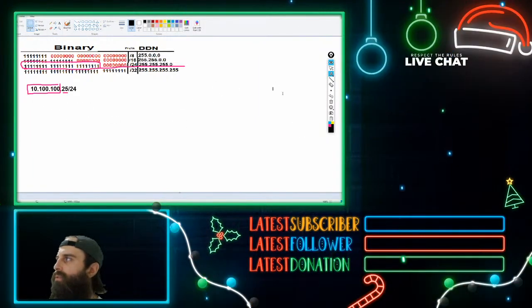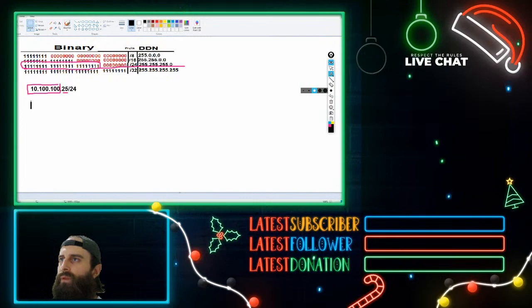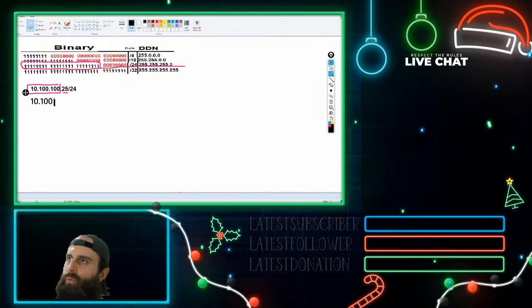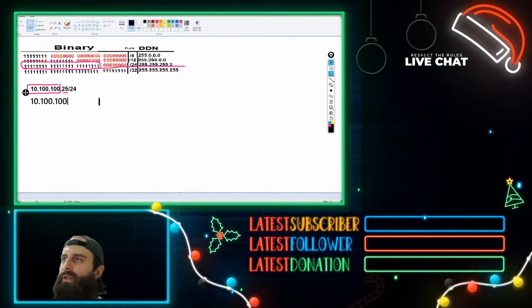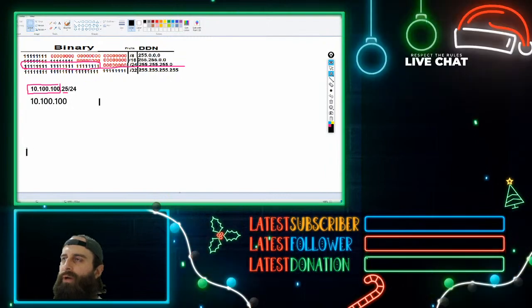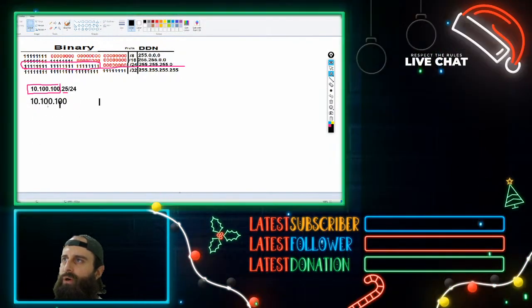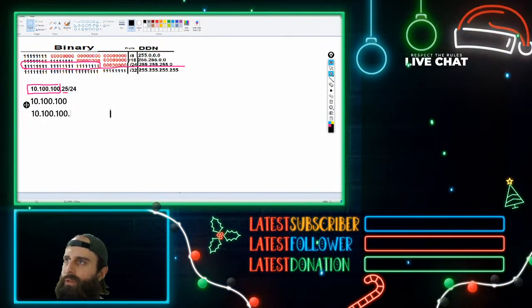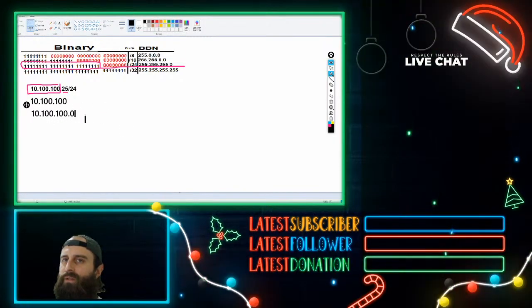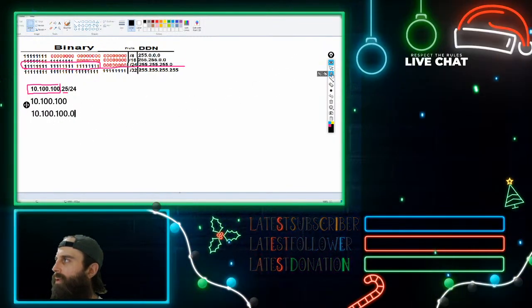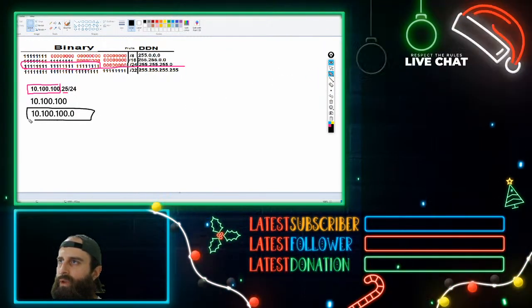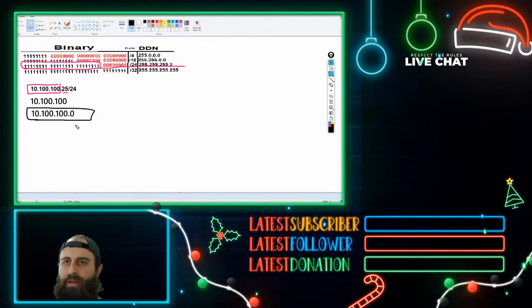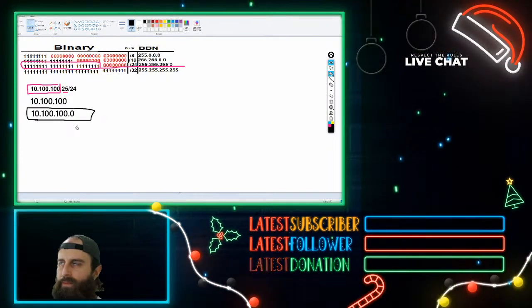What we can surmise is that 10.100.100 is the actual network. So the network will be 10.100.100.0. This is how we start coming up with our networks. This is the subnet network.